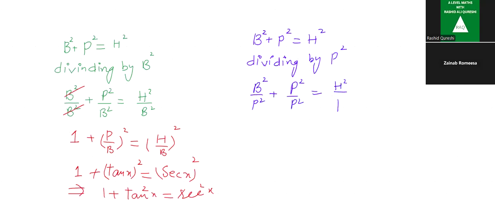What will you get after solving this? We know that if the numerator and denominator have the same power, that becomes the whole power. So b upon p becomes whole square. When the denominator and numerator are the same, they cancel out and you get 1. That is equal to h upon p whole square.